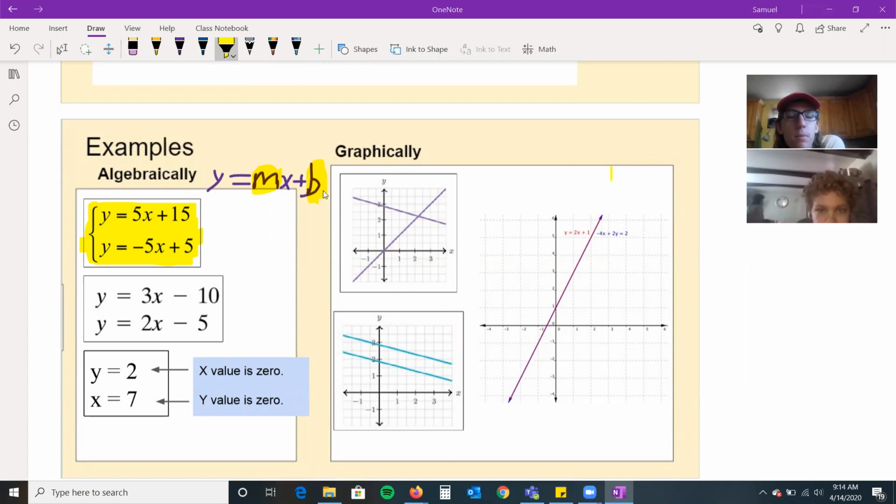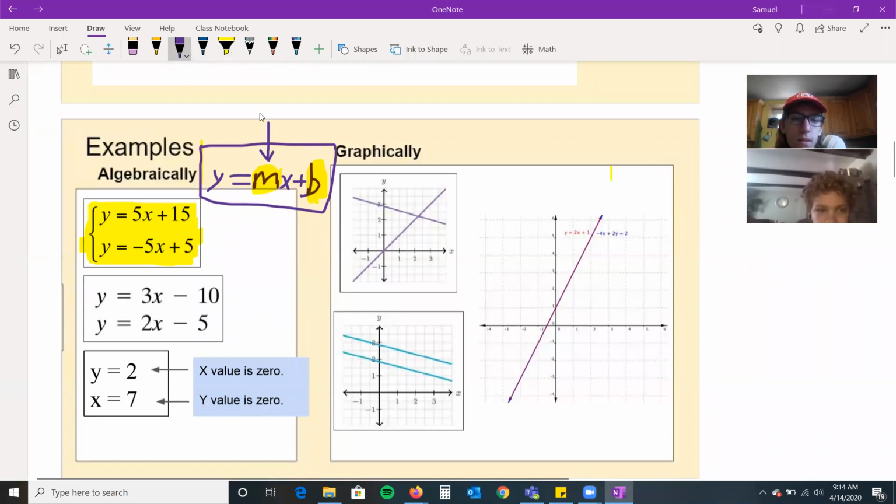All right, so if it says y equals mx plus b, it's called slope-intercept form of a linear equation, and m represents our slope. The nice thing about math, as opposed to maybe a couple other subjects or science, is that the name is usually exactly what it is. So this is called slope-intercept form because it gives you the slope and the y-intercept and nothing else really.